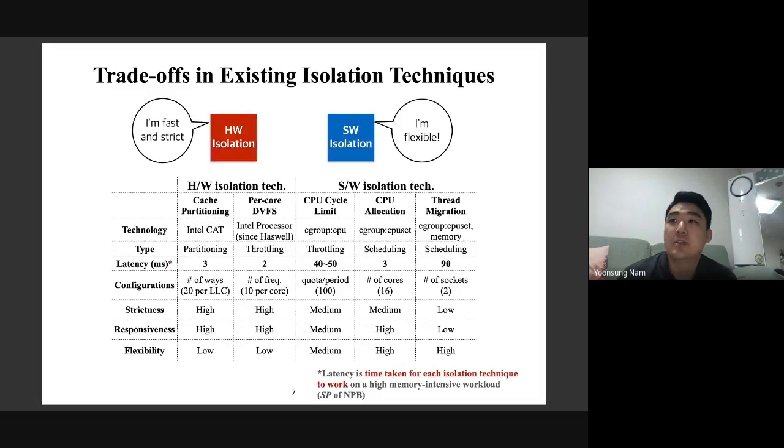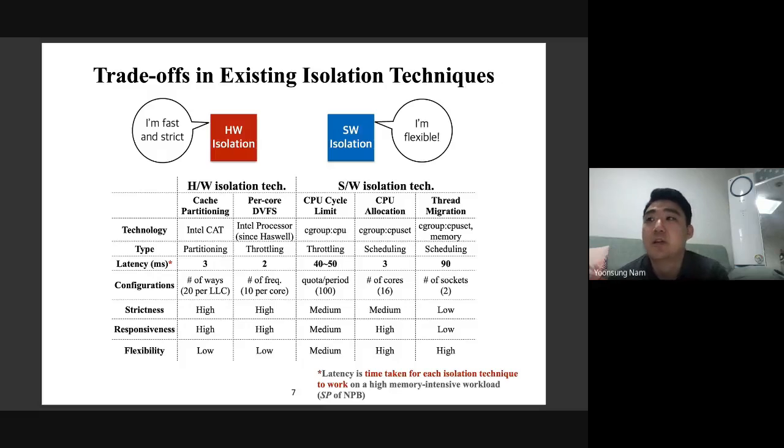Actually, isolation techniques can be characterized by strictness, responsiveness, and flexibility. Generally, hardware isolation techniques are fast and strict because they directly control hardware or segregate resources. And software isolation techniques are usually slower than hardware ones. However, they are more flexible.